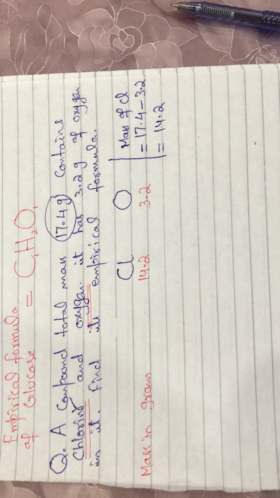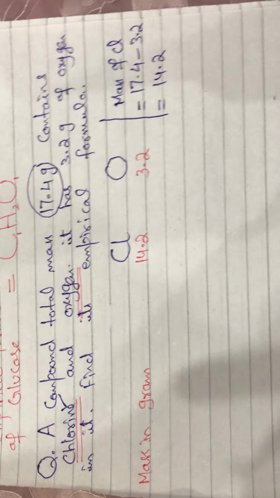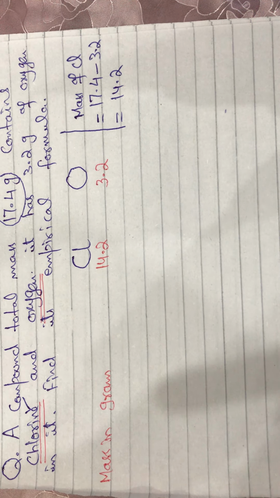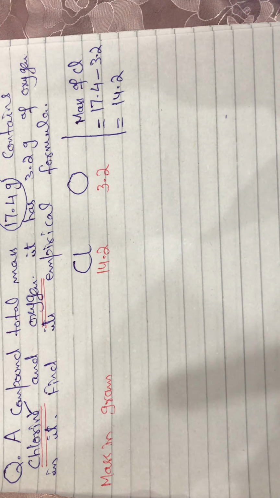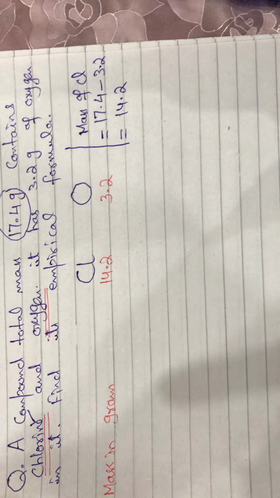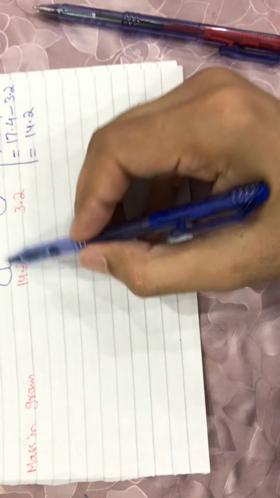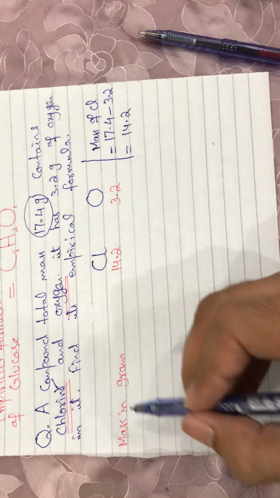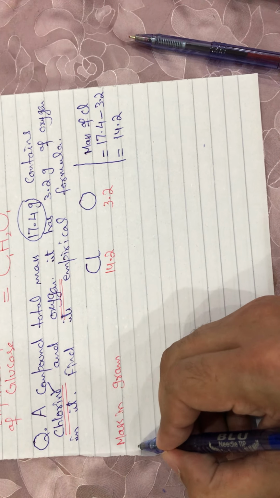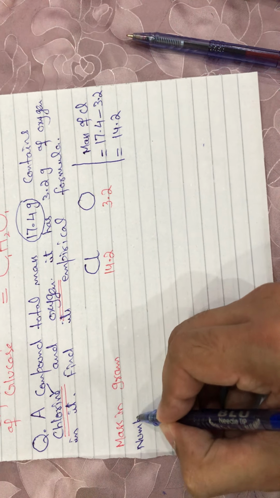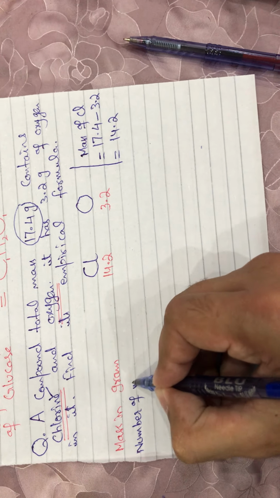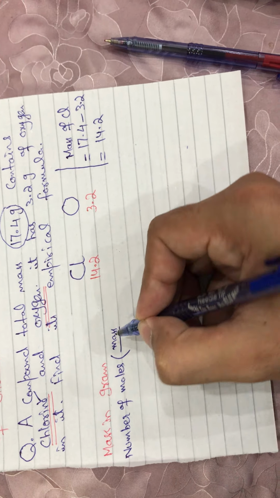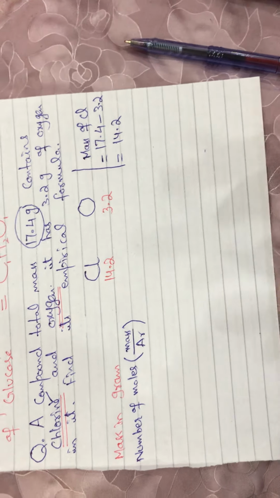Next, our last lesson was related to the calculation of molar mass. The number of moles is mass in gram divided by relative molecular mass for a molecule or relative atomic mass for an element. Here chlorine and oxygen are both elements, so we calculate their number of moles by applying the formula mass over relative atomic mass.